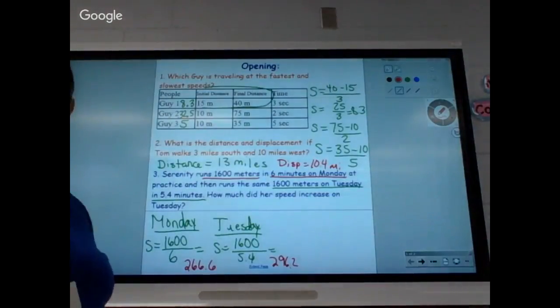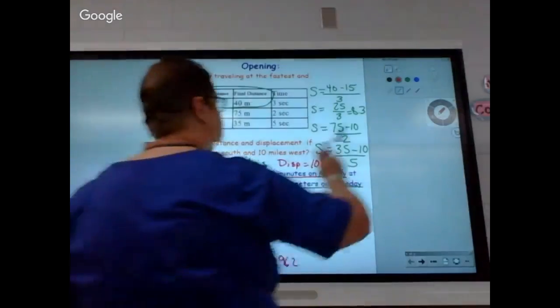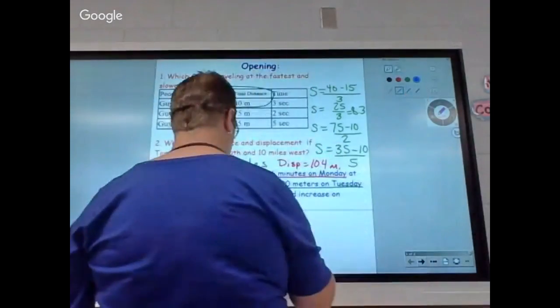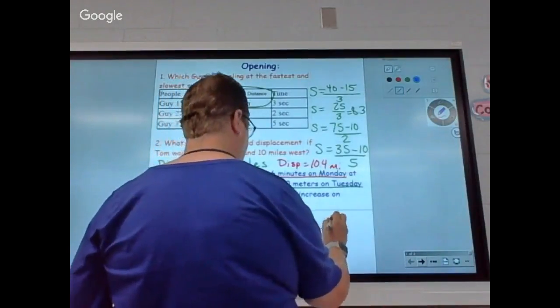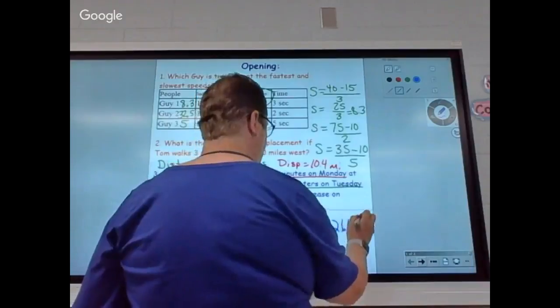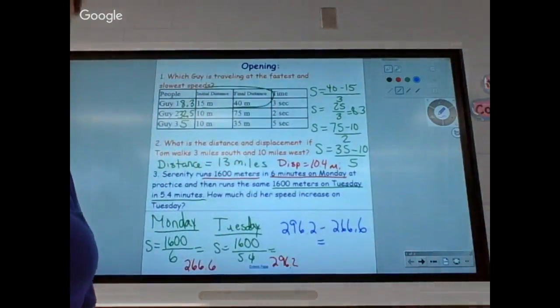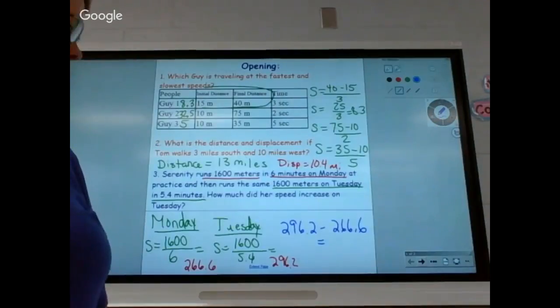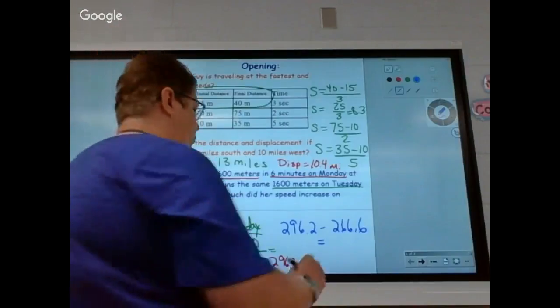Did she get slower or faster? She got faster. Okay, so now we're going to take these 2 speeds and we're going to do what with them? We're going to subtract them. And we're going to figure out what she did faster. So 296.2 subtract 266.6 and we'll get 29.6.